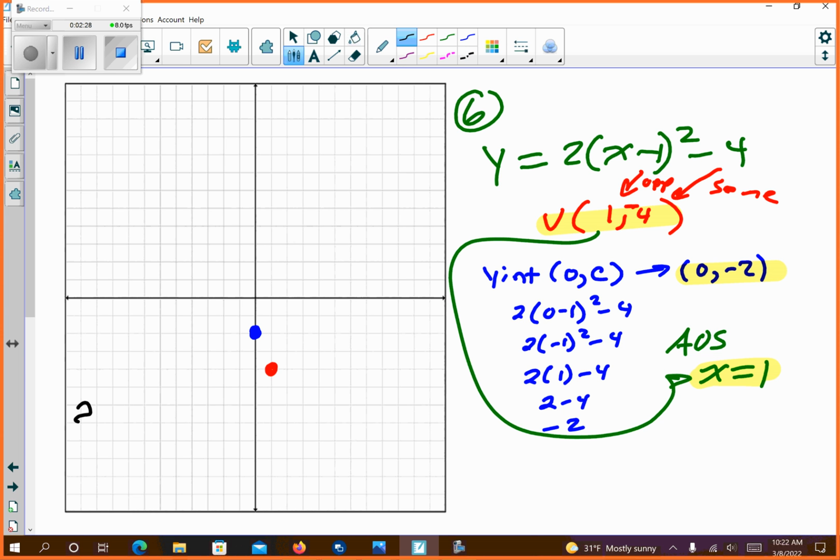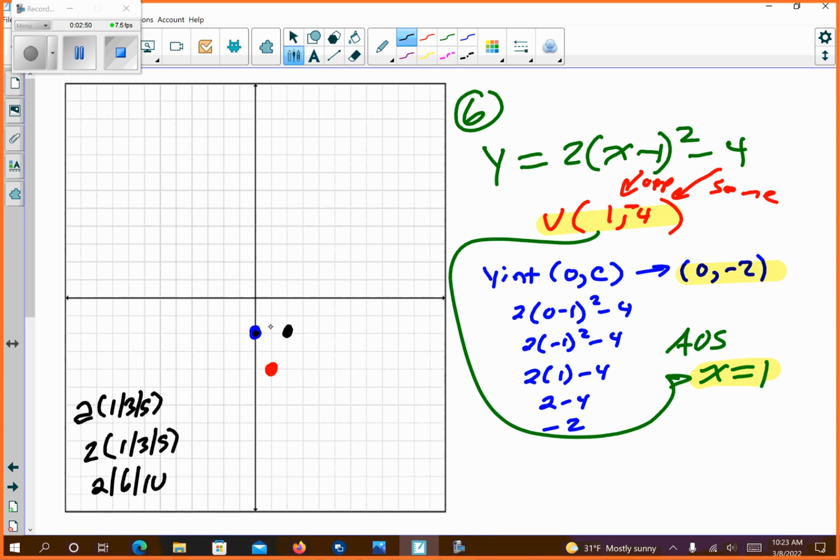Okay, so it's a times 1, 3, 5. What's my a value on this problem? 2. So 2 times 1, 3, 5, I get 2, 6, 10. And again, remember I said a big mistake people are making. You get the right one up 2 and the left one up 2.